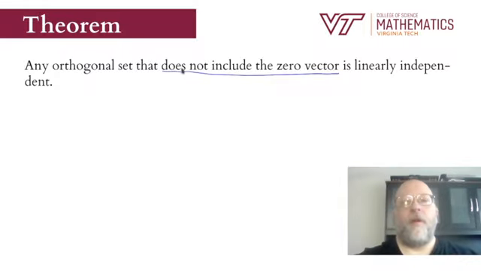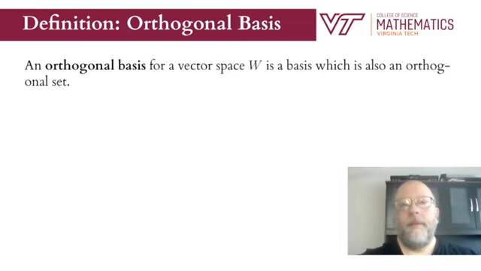But any orthogonal set that doesn't include the 0 vector is a linearly independent set. And because it's linearly independent, a basis for a vector space that's orthogonal is called an orthogonal basis. And so it's just any basis for that space that's also an orthogonal set.